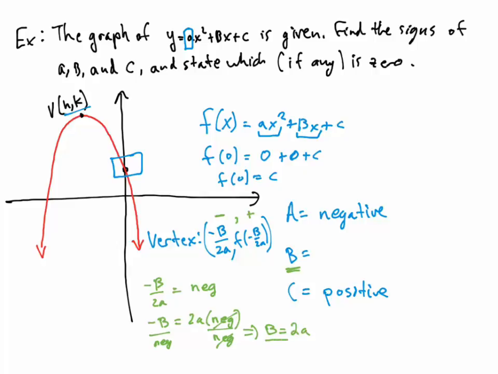That tells us that we have b equal to 2a. Now we know that a is negative. So what this means is that b is equal to 2 times some negative number. 2 times a negative is going to be negative. So we know that the value of b is negative here.